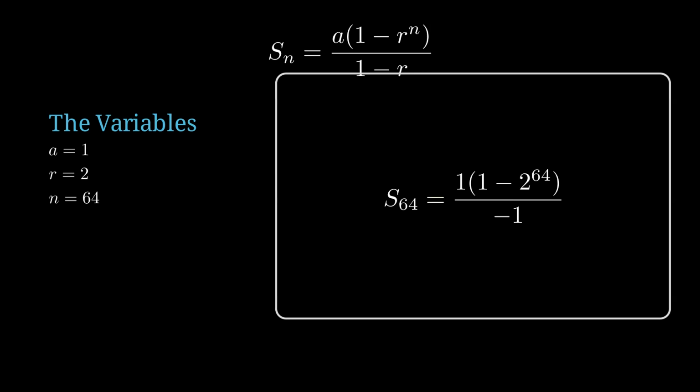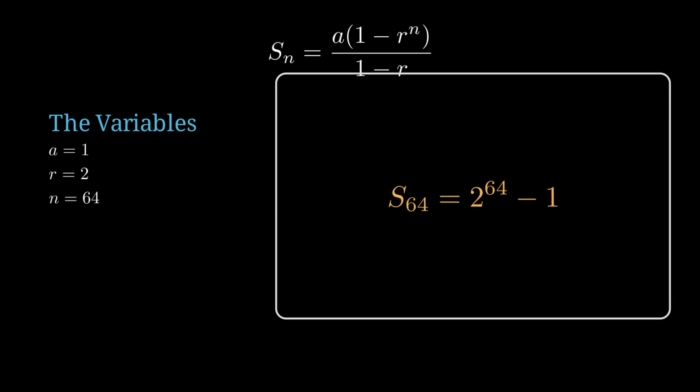Since the 1 is a multiplier, it doesn't change the value. So we have 1 minus 2 to the 64th, all divided by -1. When you divide by -1, the signs flip. The -2 to the 64th becomes positive, and the +1 becomes negative. The final result is 2 to the power of 64 minus 1.